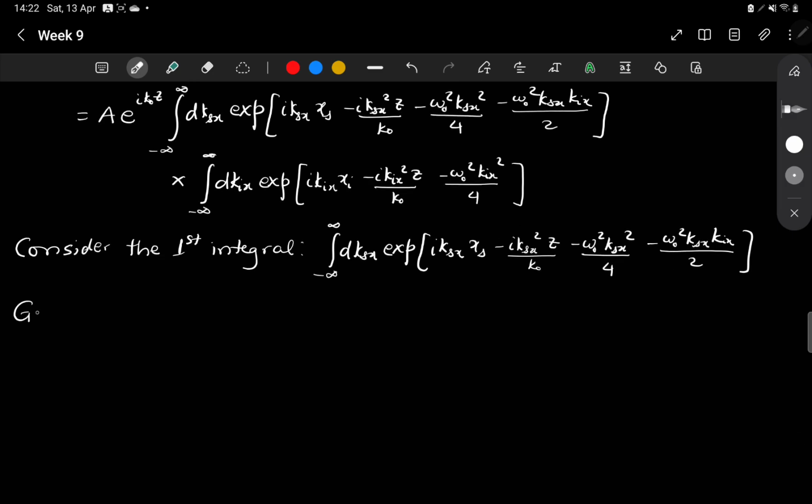Now we will make use of the standard Gaussian integral that we have seen many times now.